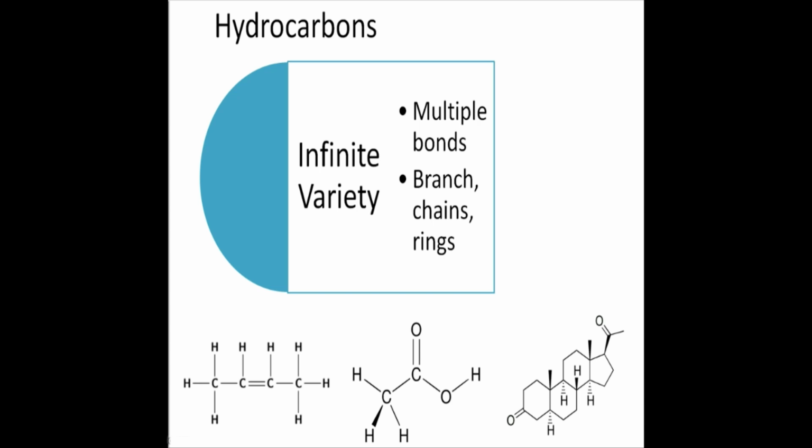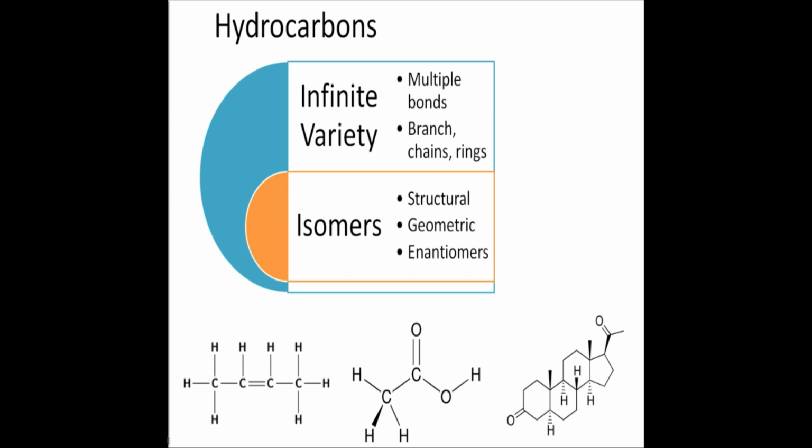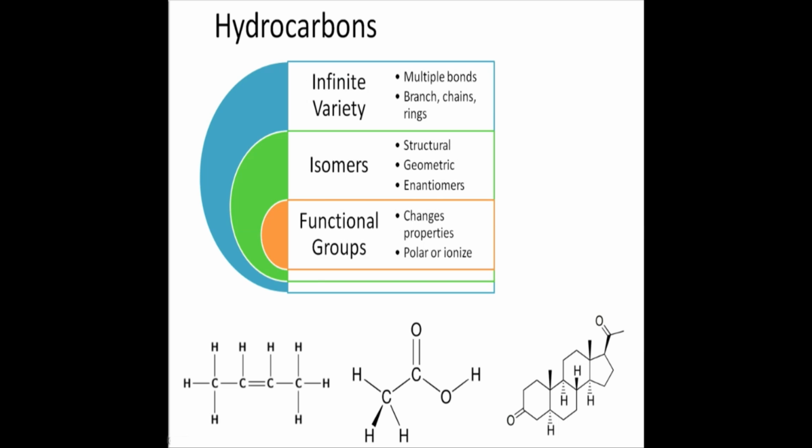You can have multiple bonds, branches, chains, ring structures. We're going to look at isomers, how you can have the same chemical formula but different structures, and functional groups. Some interesting things start to happen, and we change the properties of a compound by adding different chemical groups on there.